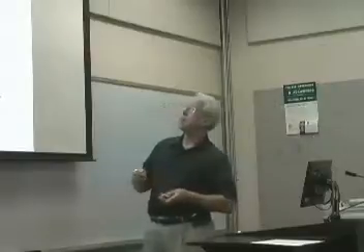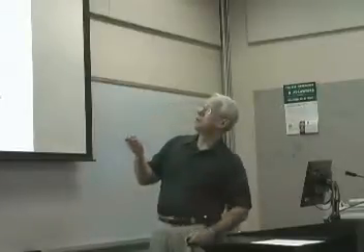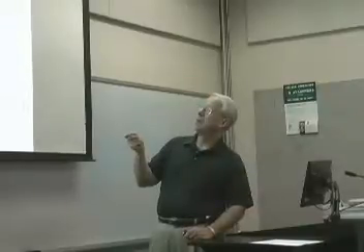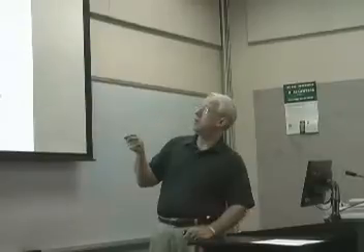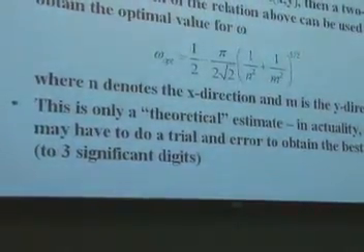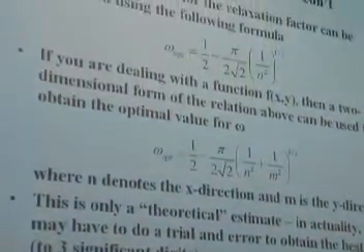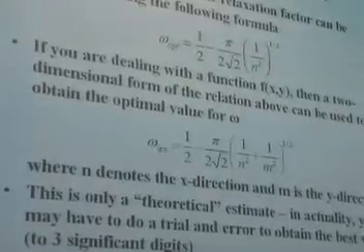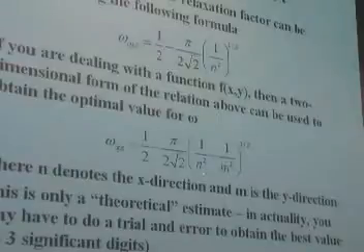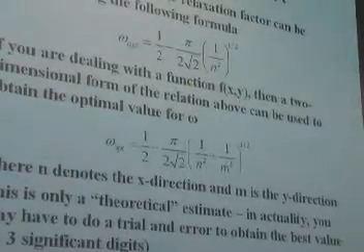Here's how you calculate the optimum value. Here's the formula, all right? If I'm dealing with a function of x and y, then a two-dimensional form of the relation can be used. What's n in this case? Number of unknowns. Number of unknowns in the x direction, number of unknowns in the y direction.